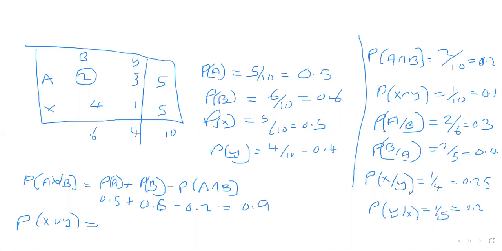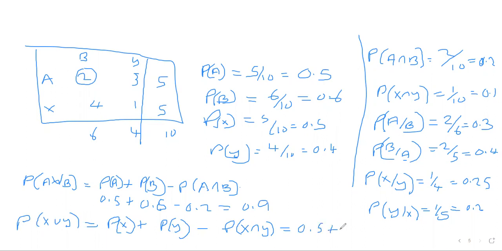Probability of X plus probability of Y minus probability of X intersect Y. What is our X? 0.5.